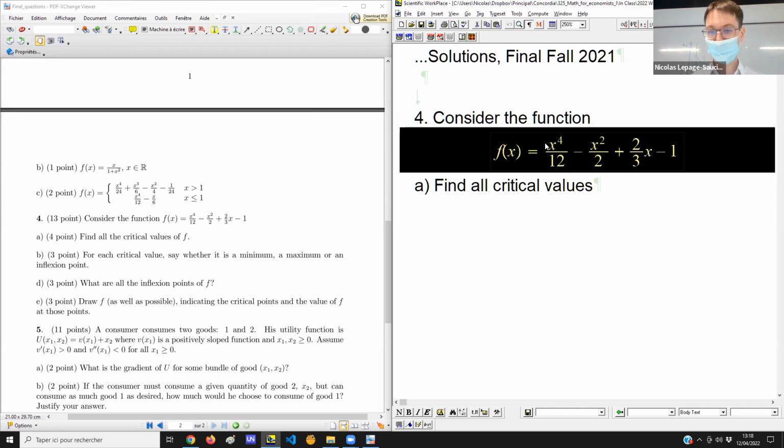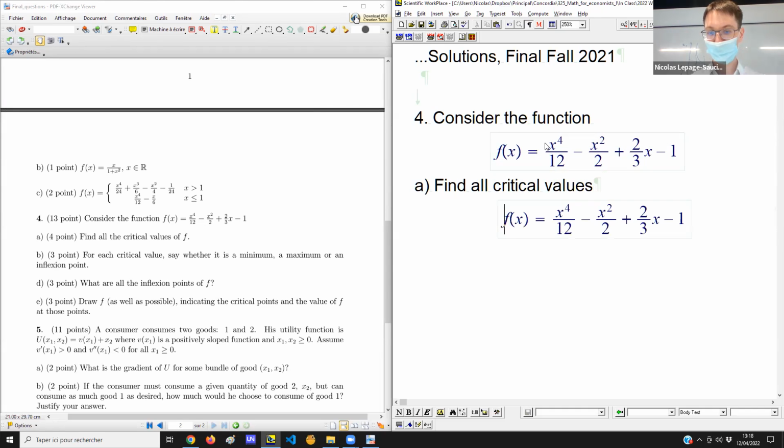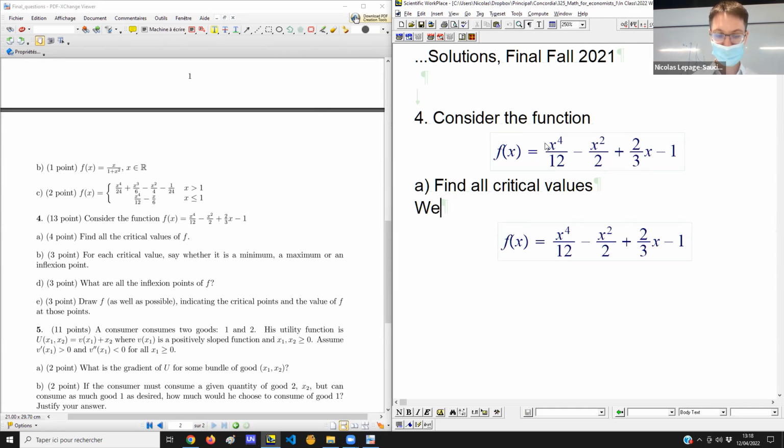So we talked about what we had to do, so I'll just do it briefly. So we take the derivative and set it to 0.